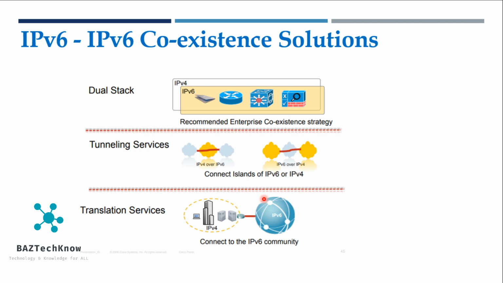Like in the initial part, I discussed one solution about NAT. In NAT, all our private IPv4 addresses are mapped onto a single public IPv4 address. So these are the three solutions being used in this world right now.